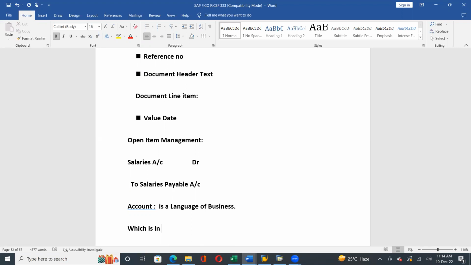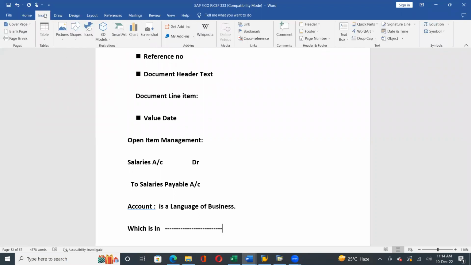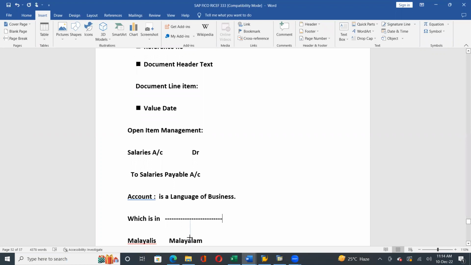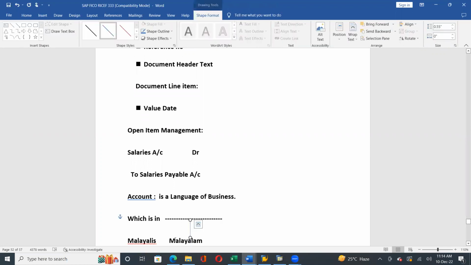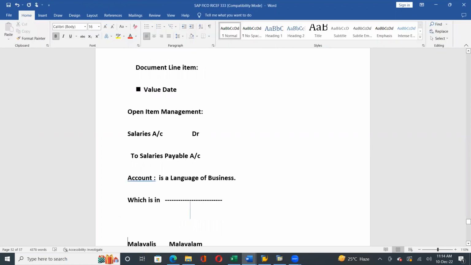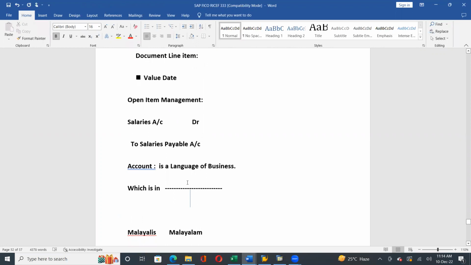In the same way, this particular language has one particular shape, that is T shape. So it has a T shape, and we call it an account.